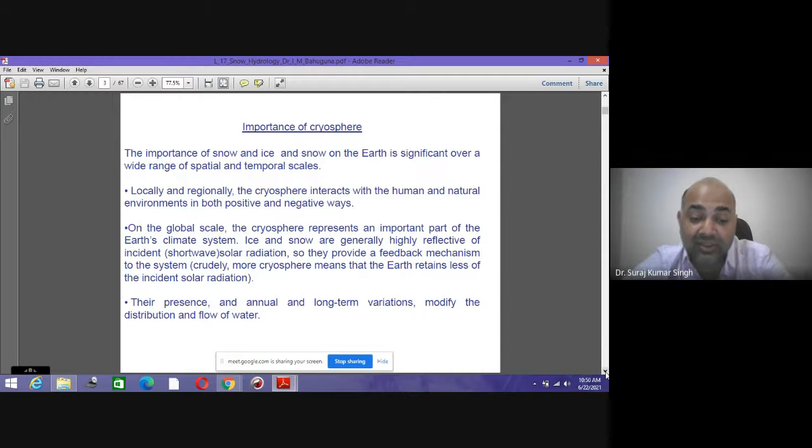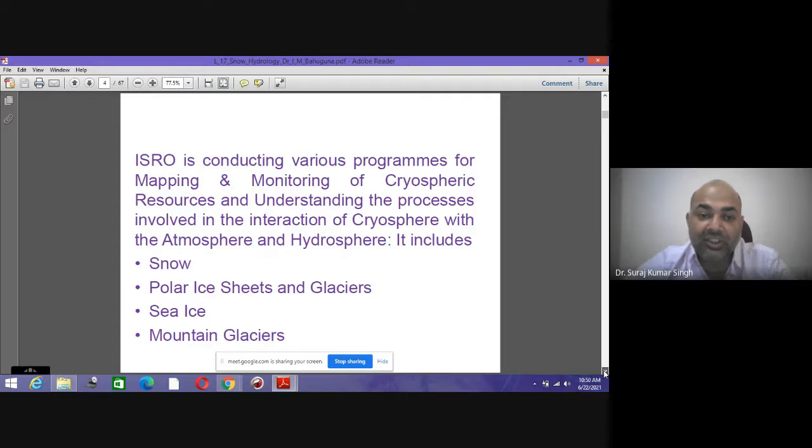So their presence and annual and long-term variation modify the distribution and the flow of water. So if there is a change in the climate, what will happen? That will create an effect on the glaciers and snow, and finally that will change the entire distribution and flow system of water. That's why each and everyone is talking about climate change.